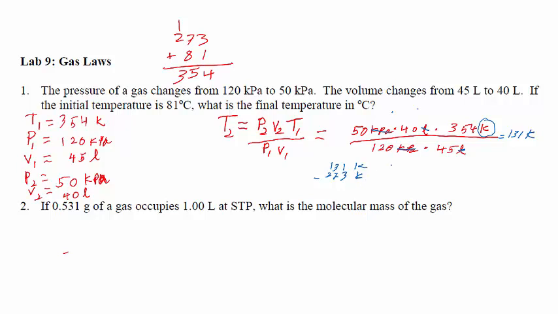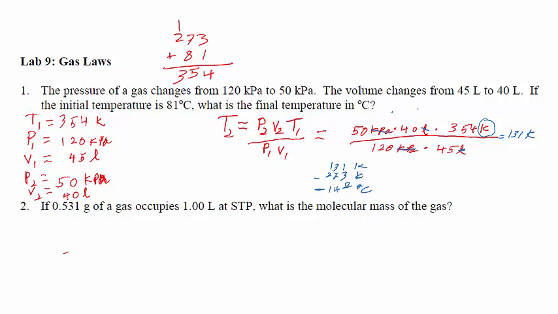It's super cold to get this to be the case. 3 minus 1 is 2, 7 minus 3 is 4, and 2 minus 1 is 1. So it's negative 142 Celsius.